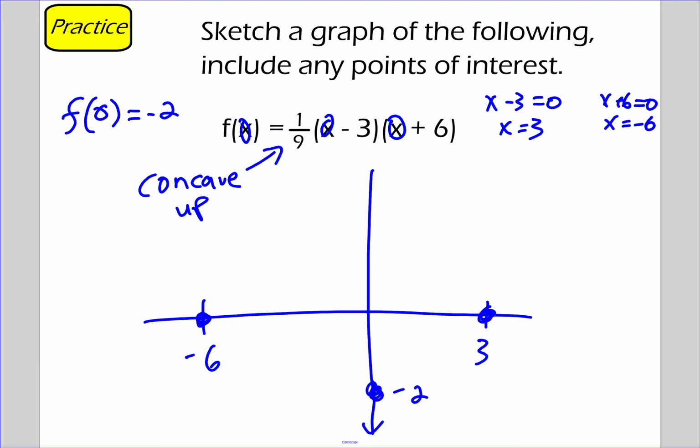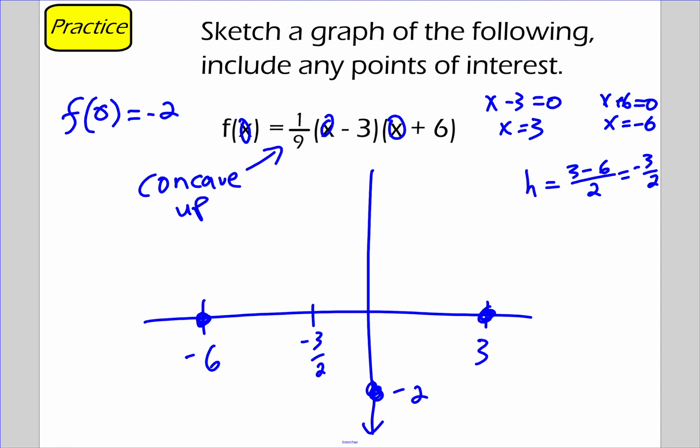Now to find the x-coordinate of the vertex, I find the midpoint between the x values of my zeros. So I get -3/2. There's -3/2, and my vertex is going to be somewhere down here.